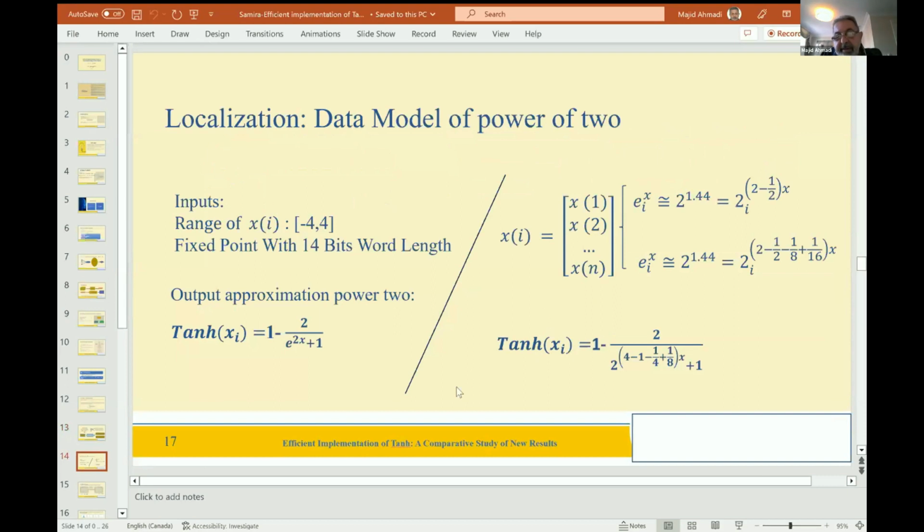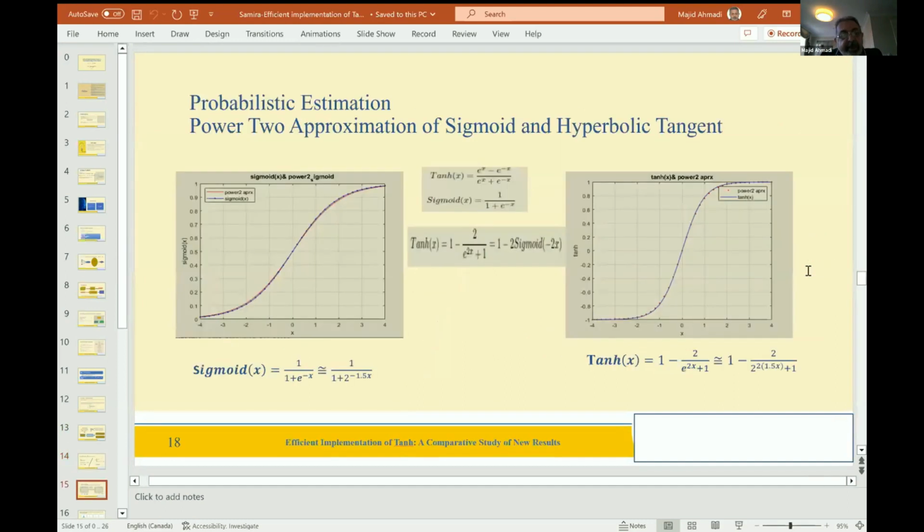Now, here is practically showing the different levels of approximation. Instead of having 1.44, I have 1.5, and this is a better approximation of the 1.44 that we have in this method.